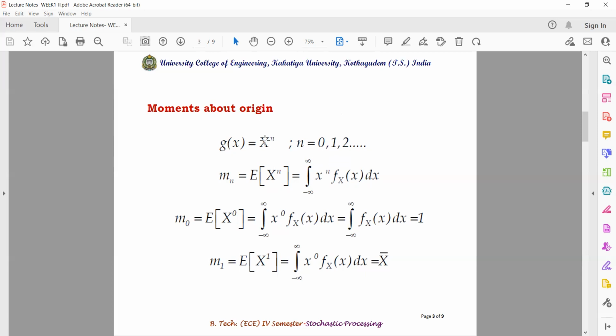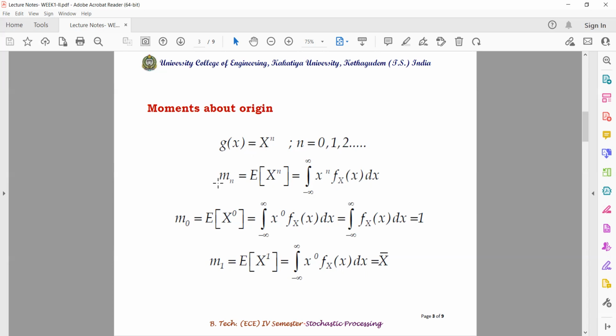Why? Because x to the power n can be written as (x minus 0) to the power n. The next thing to be discussed is moments about the mean, where we write (X minus x bar) to the power n. These are called moments about the mean, or central moments.